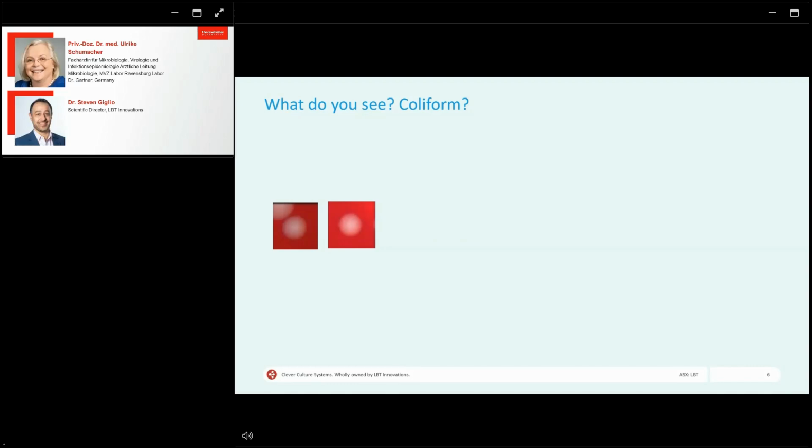If we look at those two images on the left-hand side, you need to remember that this is what computers do. They look at pixels and segmented images to make decisions. If we looked at that objectively, it might be a coliform, there might be something else. It could be a small Pseudomonas.